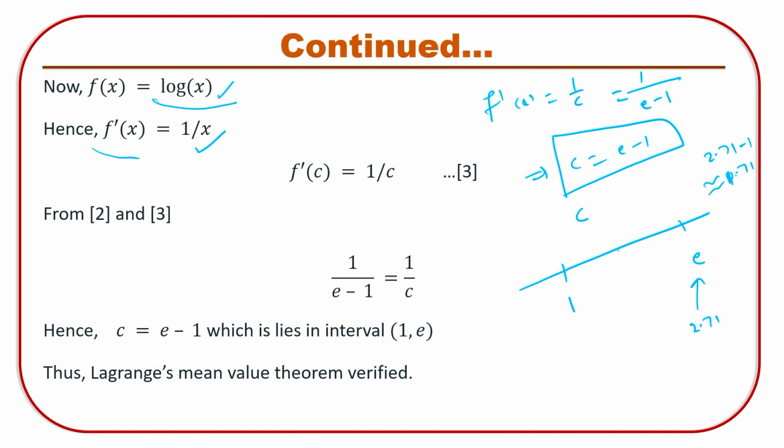So 1.71 is somewhere here, that is e minus 1. That means this is the critical point where the function has a derivative equal to the difference of the endpoint functional values divided by the difference of the arguments. That means the Lagrange mean value theorem is valid for this problem.